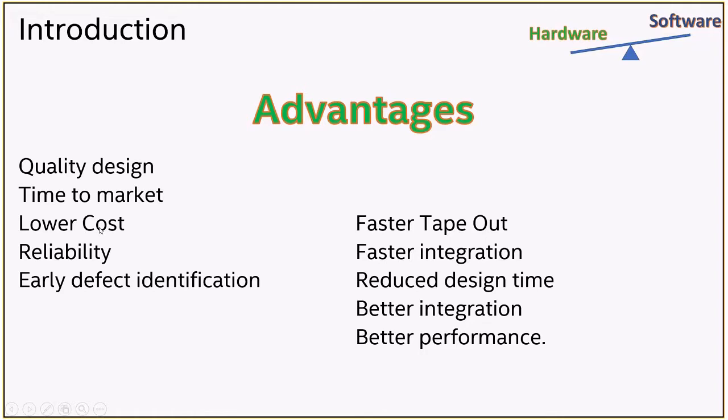Reliability will increase, and we can find early defects. If you use some of them in software, it's easier to find them. Faster tape out and faster integration are possible. Let's say your block is going to integrate with somebody else's. Design time will reduce, with better integration and better performance.